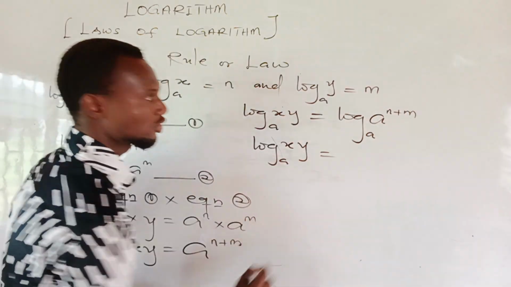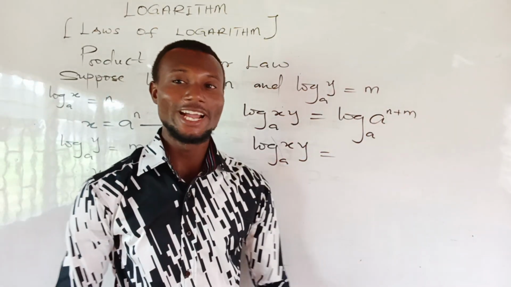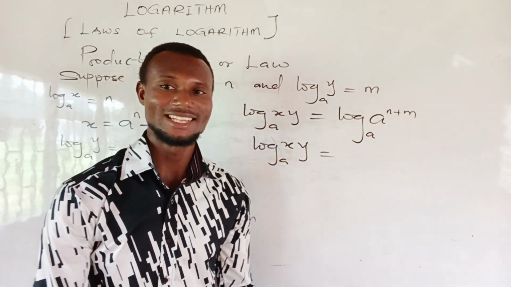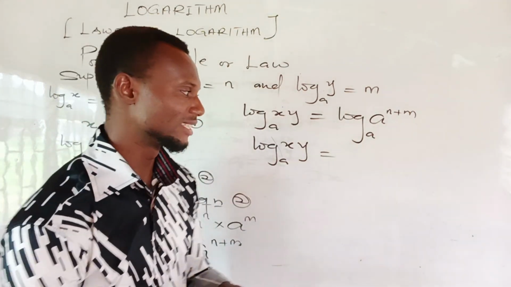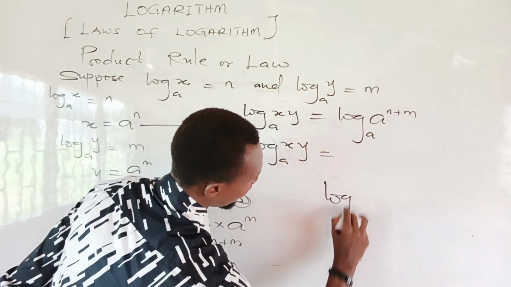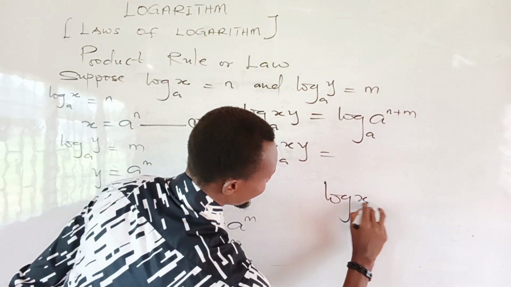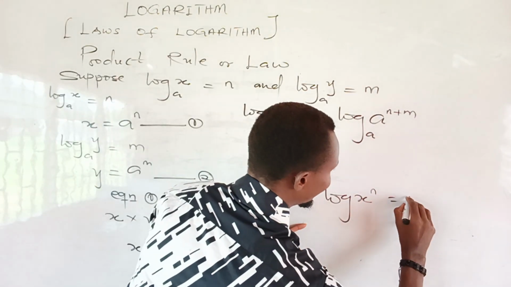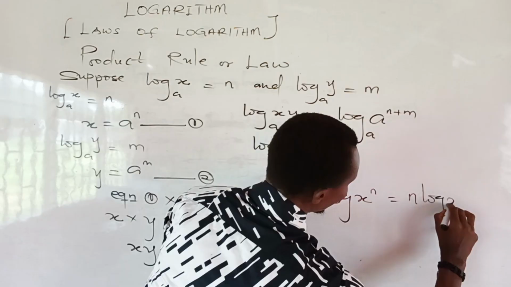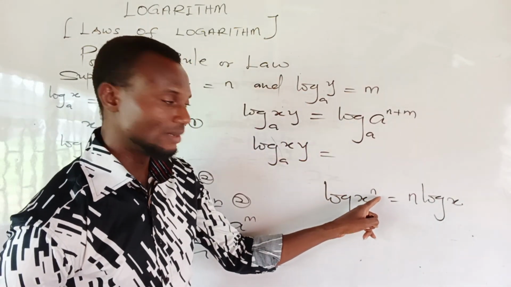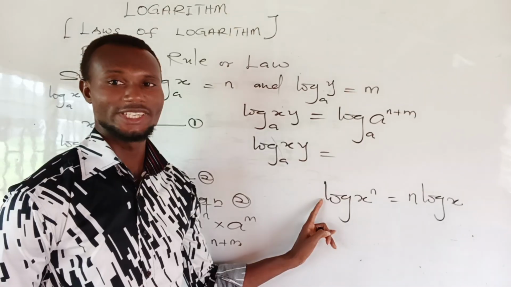It should be equal to, now don't forget, I taught you a property in this video that when you have something like this, let me remind you of it. If I have log, let's say s to the power n, it can be written as n log s. Why? I explained that the power will simply come and become a coefficient to the log.